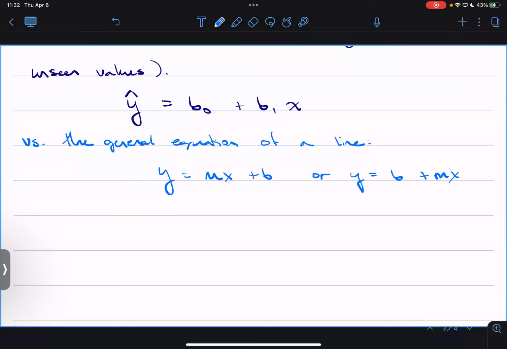It's mx plus b, we know that. But to match what's going on here, because the b naught is on its own, just like in the general equation of a line, the value that's on its own is the y-intercept.